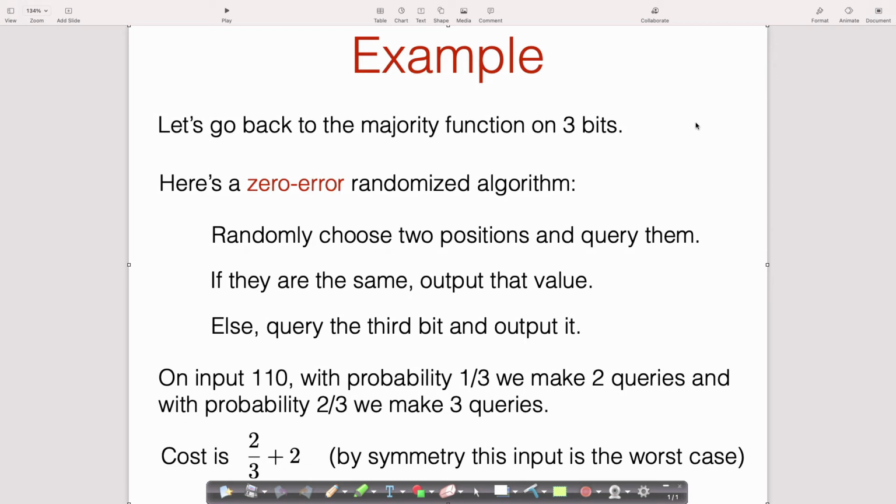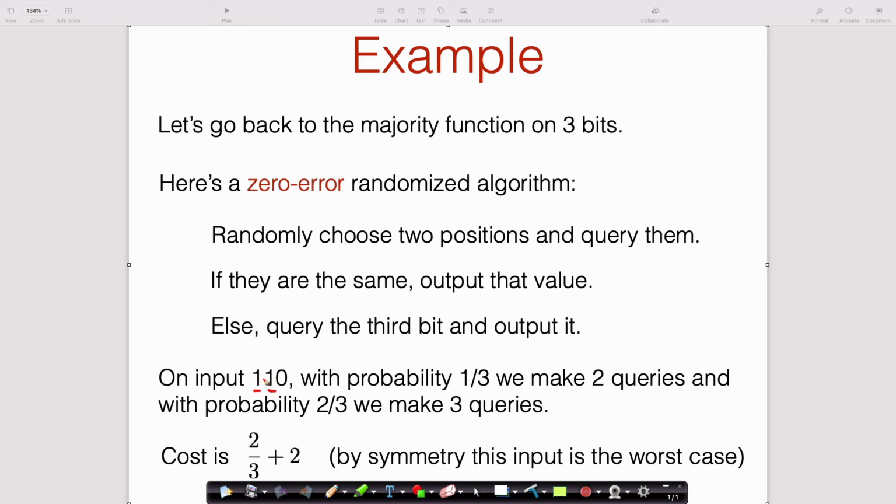So let's consider the cost of this algorithm, on a particular input. Let's say on the input 110. With probability 1/3, when we randomly choose two positions of the input, we'll choose positions 1 and 2. In that case, we see two 1s and we know the answer.